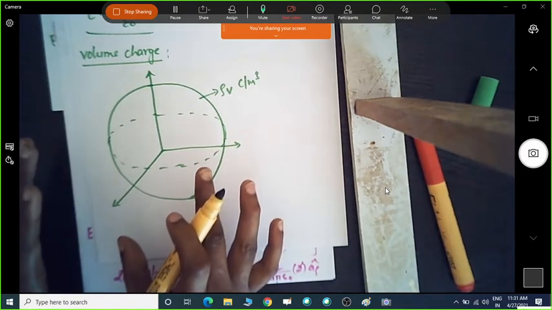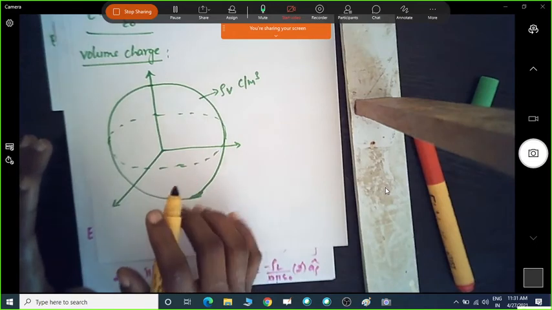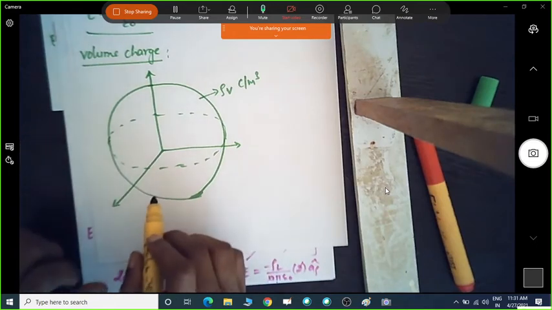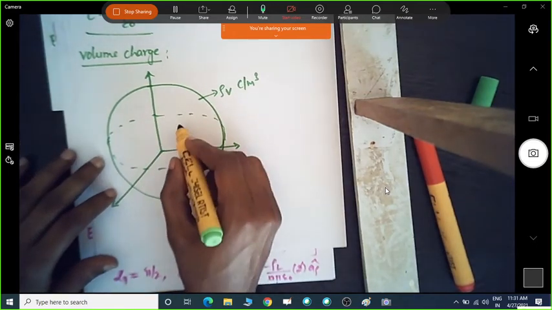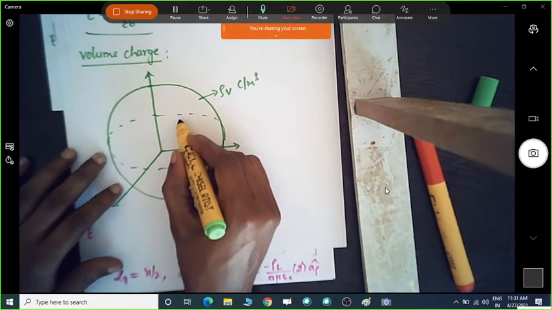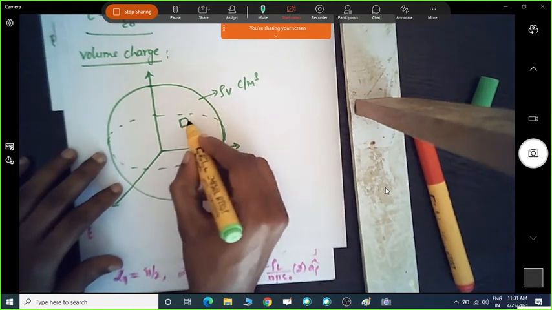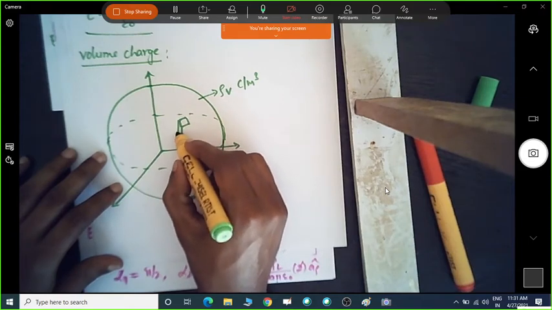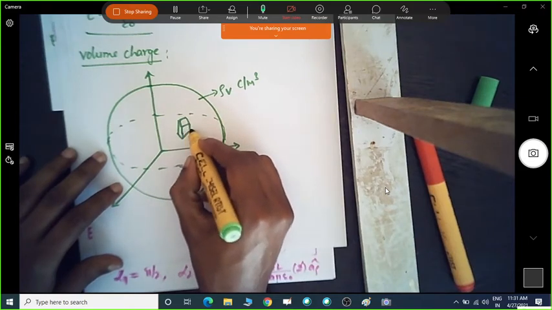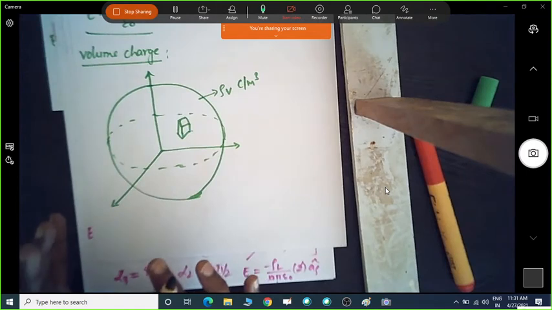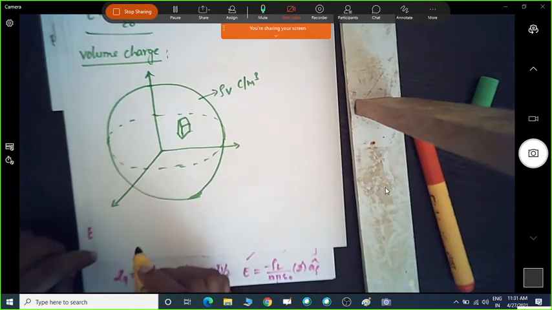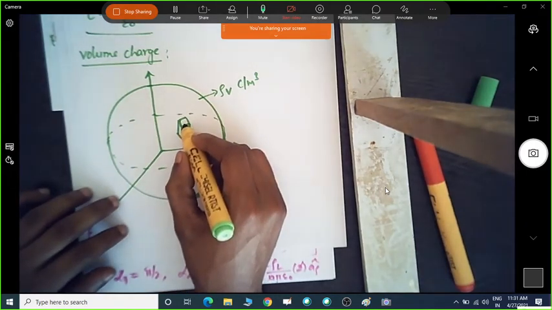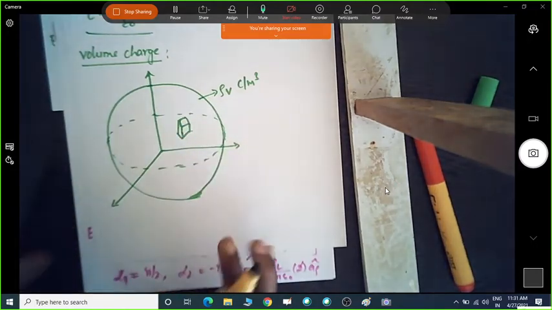So this complete sphere which is filled with a uniform charge density is called volume charge density. So now the charge associated, if I take a small elemental volume, so what is the electric field due to this small elemental volume?